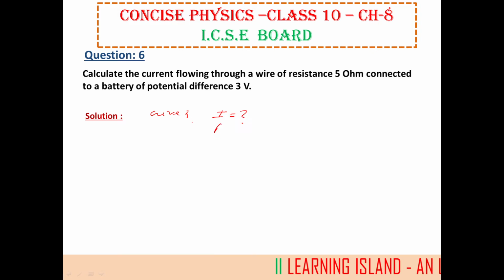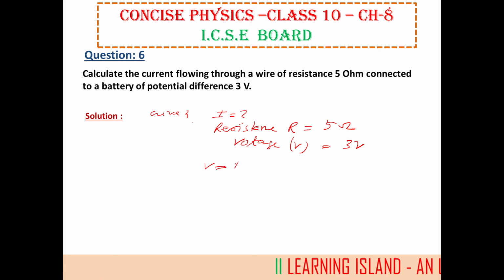And the resistance R is given. How much? 5 ohm. You know the symbol of ohm is this. Connected to a battery, that is, the voltage is also given. Voltage V equal to 3 volt. So we have to find out the current. So again Ohm's principle is very simple.